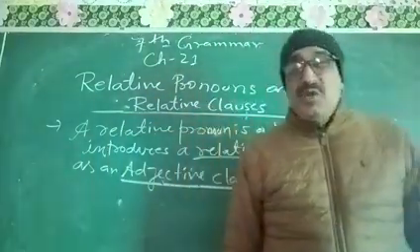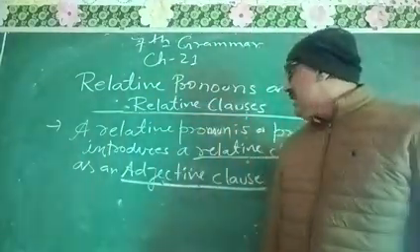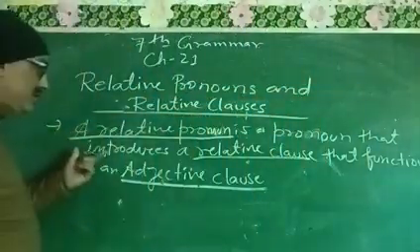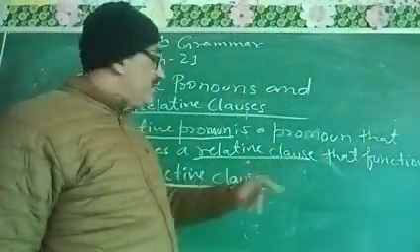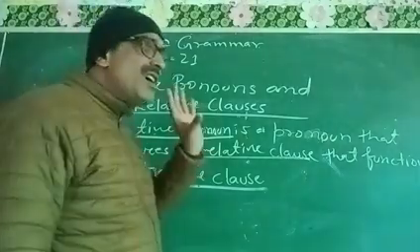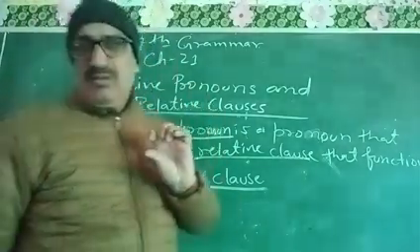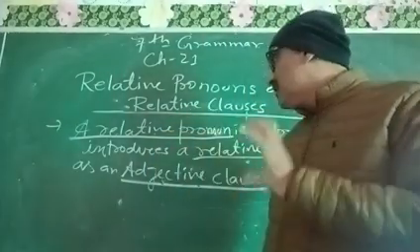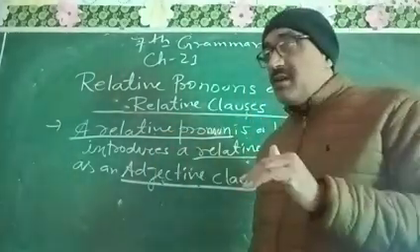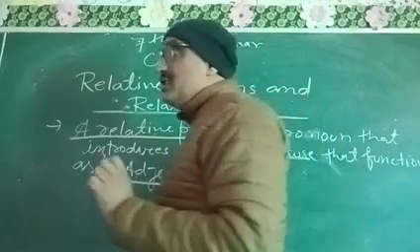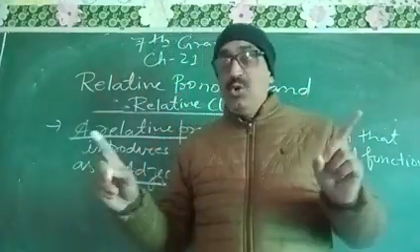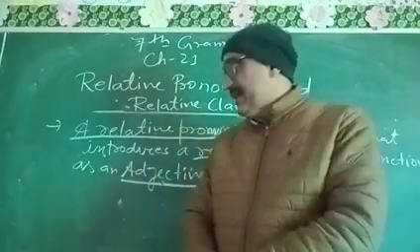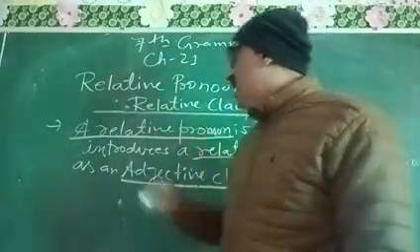In a sentence, the relative pronoun should be underlined, and the relative clause, which is the adjective clause. Relative pronouns work as an adjective clause when they come in a sentence and join two different sentences to make a complete sentence.